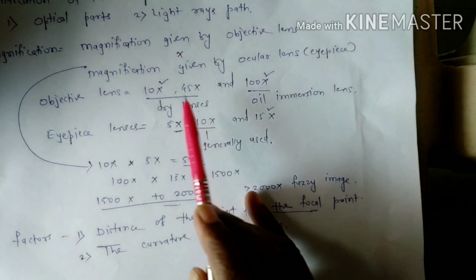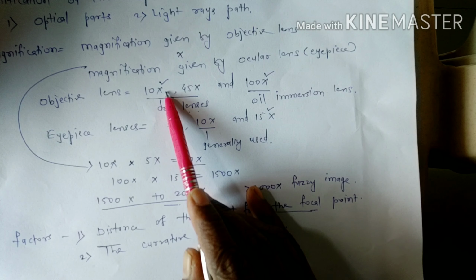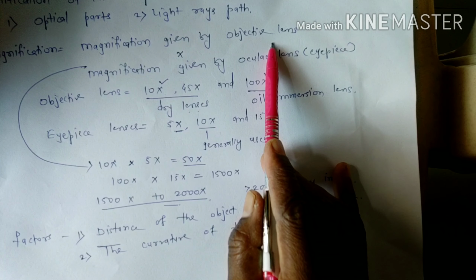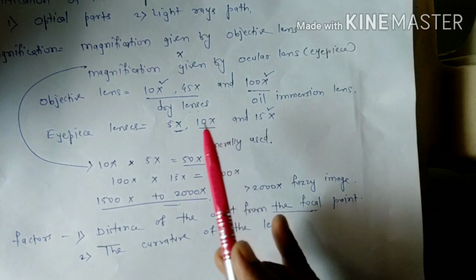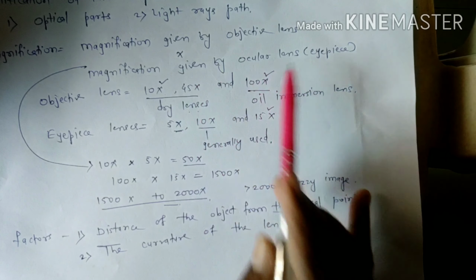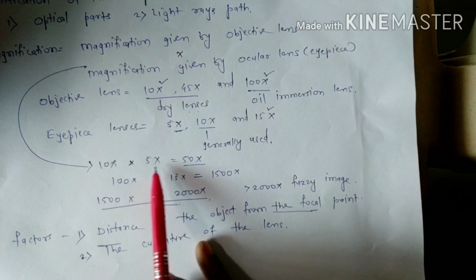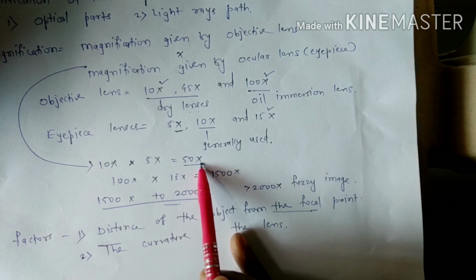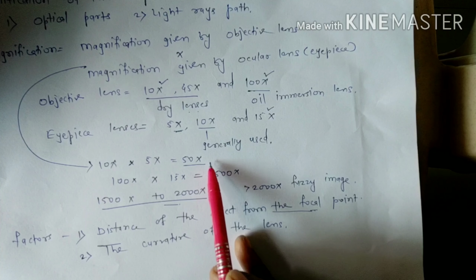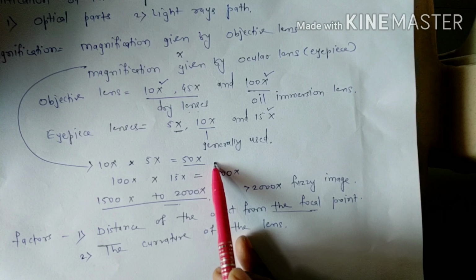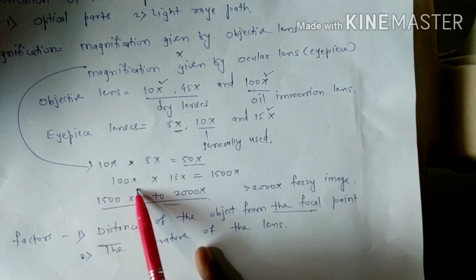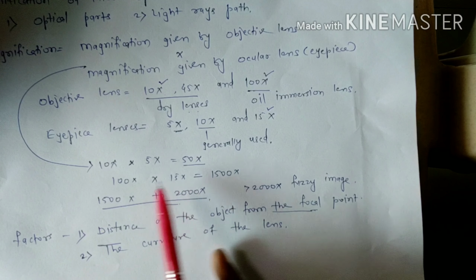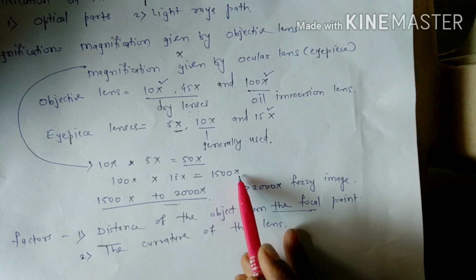If we put 10x as the magnification given by the objective lens, and 5x as the magnification of the ocular lens, this will give 50x magnification. That means the object is magnified 50 times. We can substitute the 10x by 100x and the 5x of the eyepiece lens by 15x, and this gives 1500x magnification.